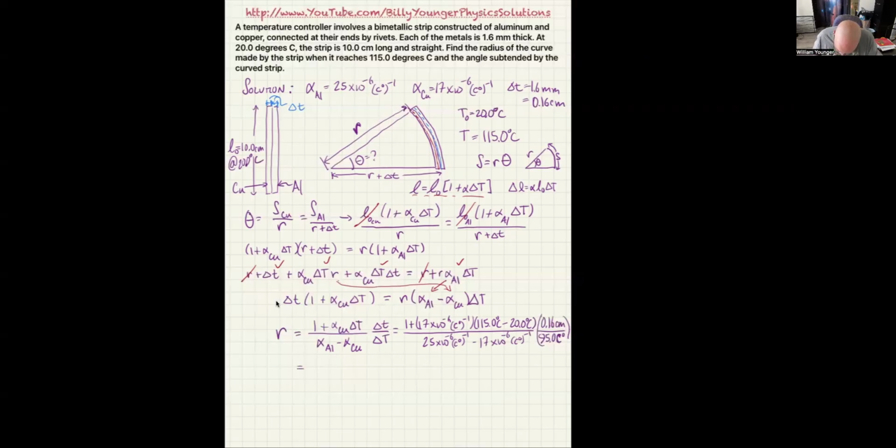Now we can go ahead and say 17 times 10 to the negative 6 times 95.0, and that should give me 2 sig figs, which is 0.001615.